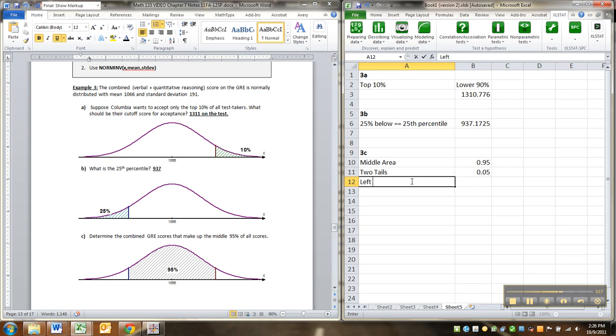So what's to the left of the left hand score? Okay, over here on the left-hand side, on the white side, on the left, right there. That would be half of that, right? That value divided by 2. Now, what's to the left of the right-hand score?